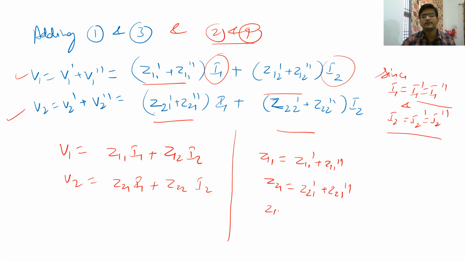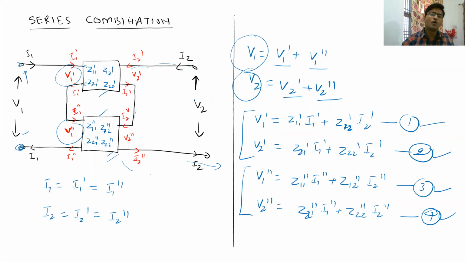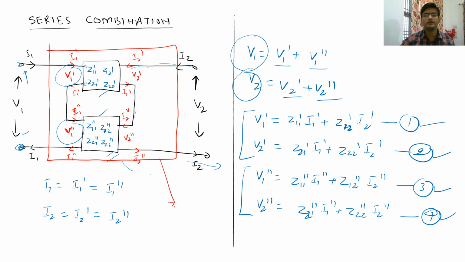Similarly, Z12 is equal to Z12 dash plus Z12 double dash and Z22 is equal to Z22 dash plus Z22 double dash. So you can see that all these elements add, so if I want to convert this circuit into a single two-port network whose parameters will be Z11, Z12, Z21 and Z22, let me write it in a matrix form.